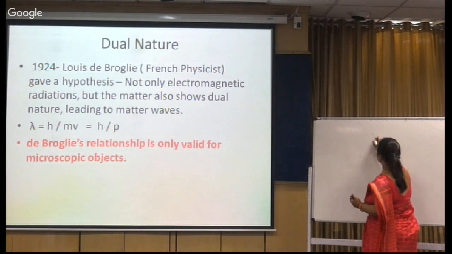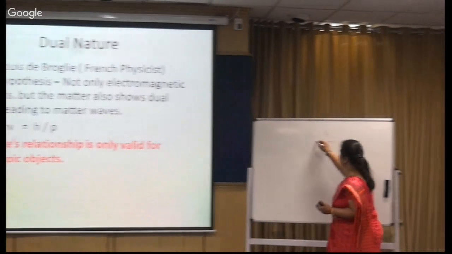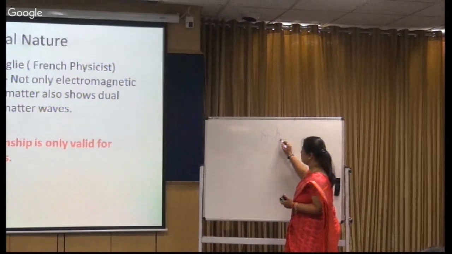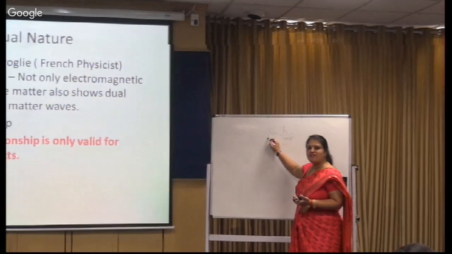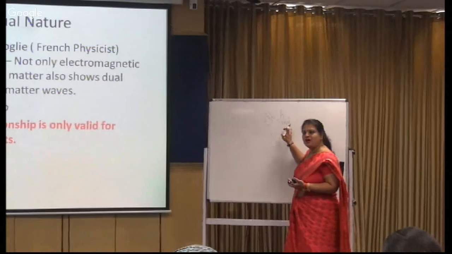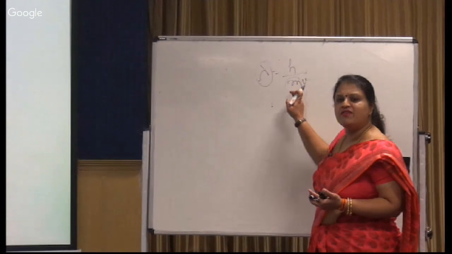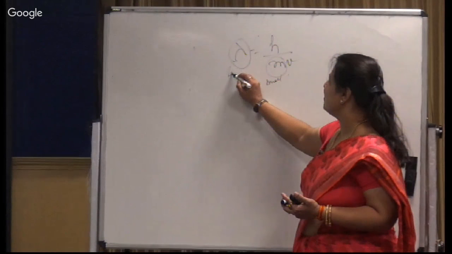Okay. Now, on the basis of various calculations last time also, we have seen that in this relationship lambda is equal to h by mv, the wavelength is dependent upon the mass. If mass is large, wavelength is small, and vice versa. If mass is small, then the wavelength is large.